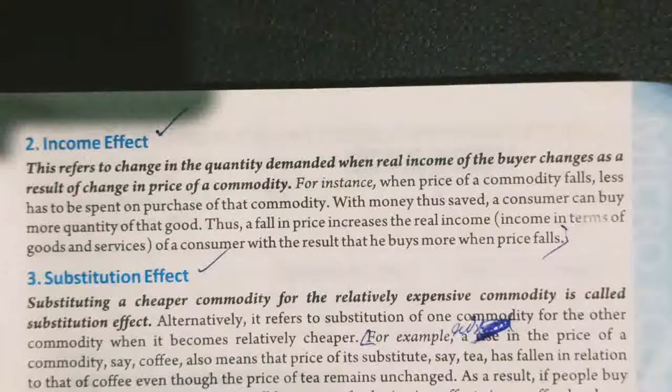Which means we might increase our spending on buying potatoes, right? So here, we observe that because of fall in price of a commodity, our real income to purchase goods and services also increases. That is why the demand curve also slopes downward from left to right because of income effect. Okay, I hope that is clear enough, right?